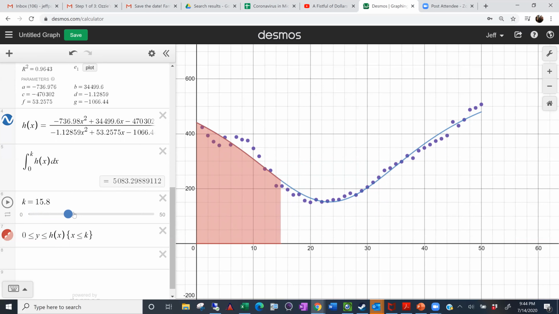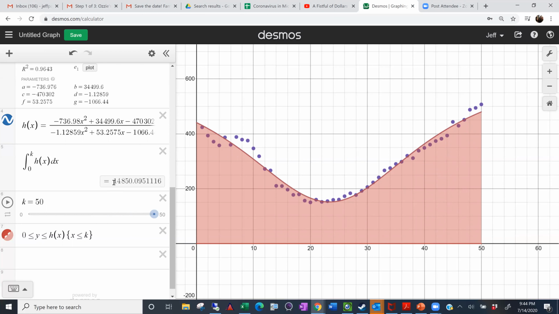Now, if you notice, as I move this slider, I'm also getting a new total here because I'm integrating my function from 0 to k. As I increase k, day 20, day 25, day 30, all the way up to day 50. Wow, that's a lot of cases over the last 50 days.